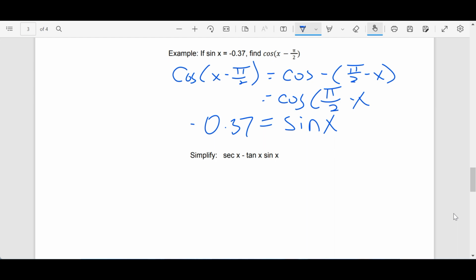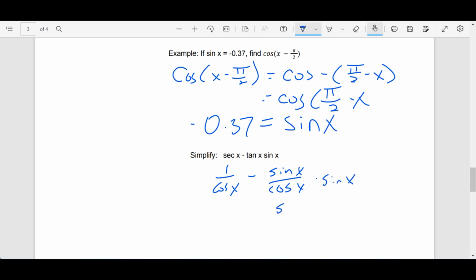Next, we got down here: simplify secant x minus tan x times sine x. Now, a method for simplifying trig functions that sometimes helps is putting everything in terms of sine and cosine. You know that secant is 1 over cosine, and tangent is equal to sine x over cosine x, times sine x.